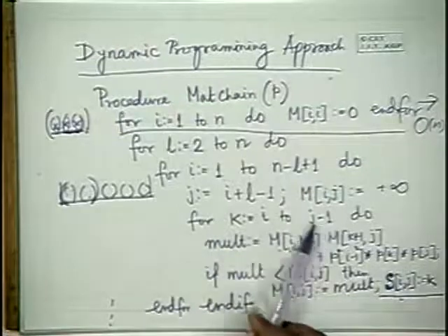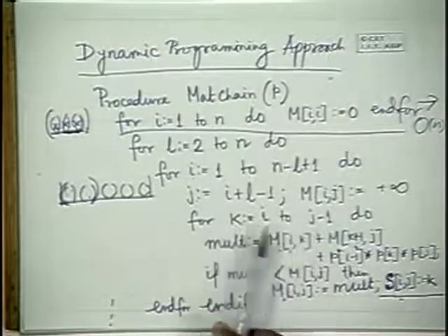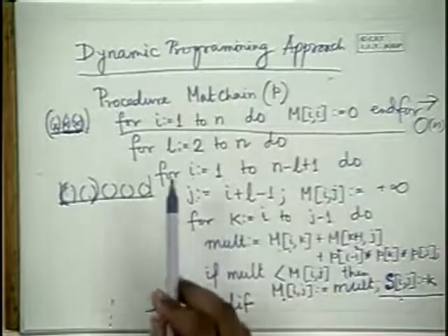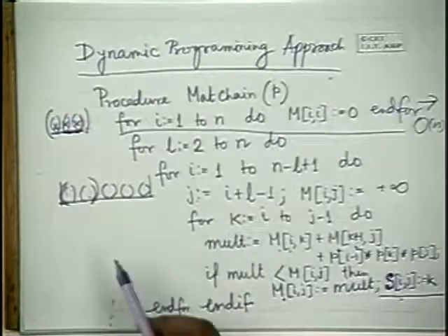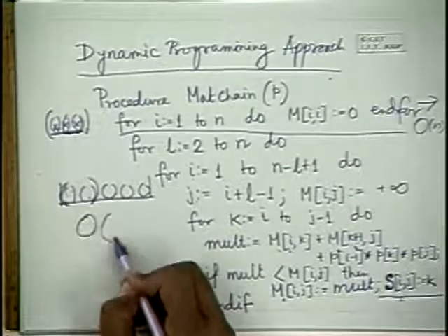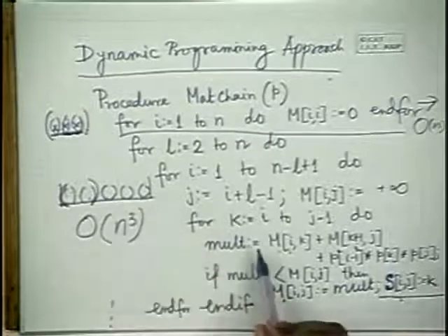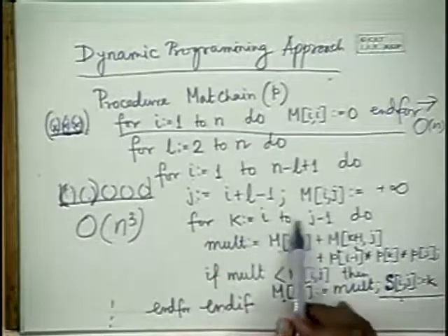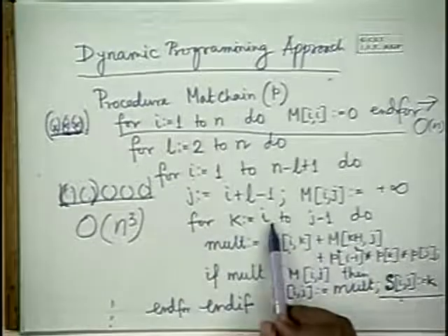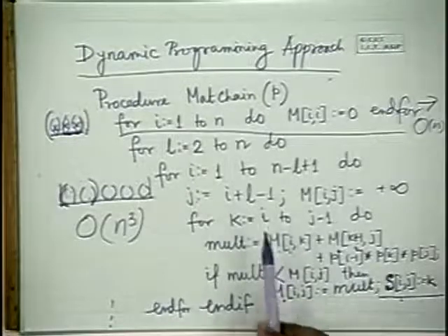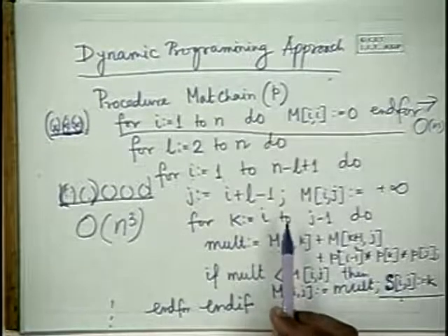Then again here there is another roughly n. So there are n times n times n, which will give you order n cube. You may think that it is not actually running n. Why am I taking n? But even if you count it exactly, you cannot save this n cube in this case.